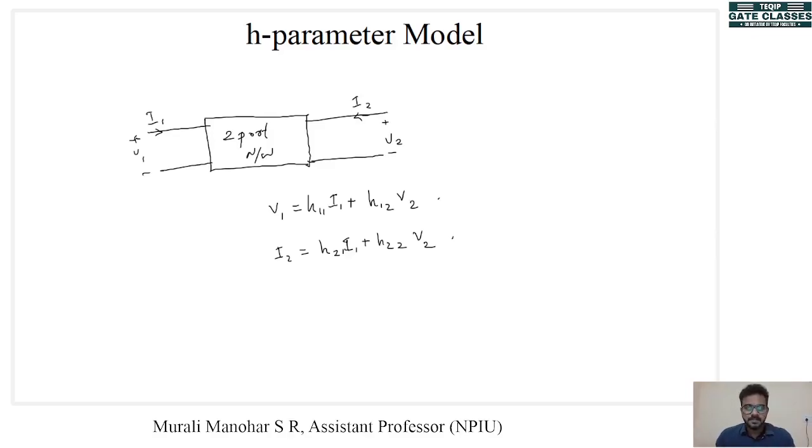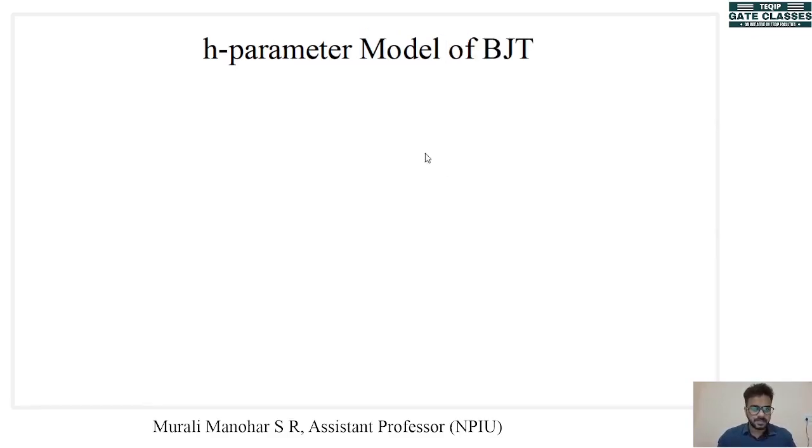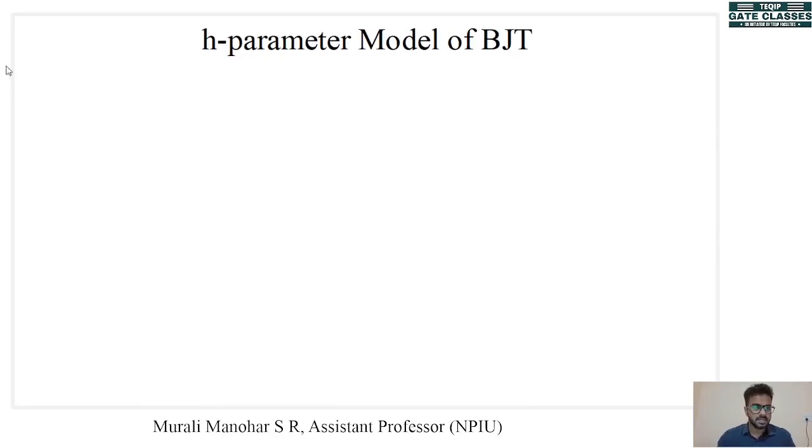In a BJT, these hybrid parameters or H parameters have a slightly different name. This H11, H12, H21 and H22 will be represented by a different notation. The rest of the things are the same as the normal two-port network H parameter model. Now the H parameter model of a BJT is defined by these equations.